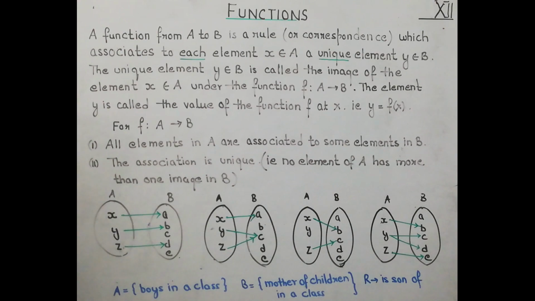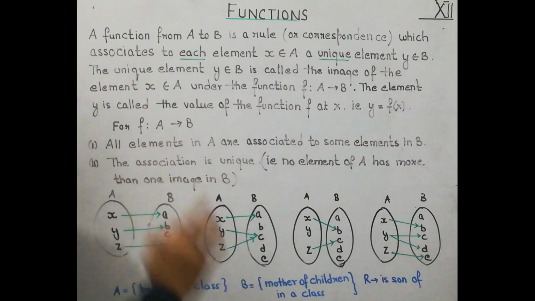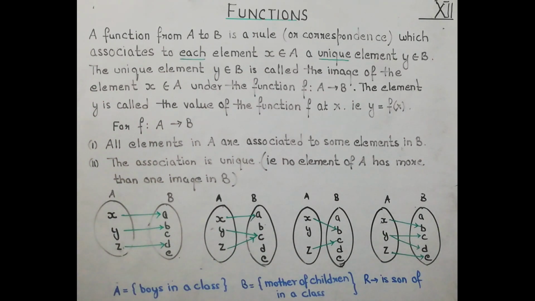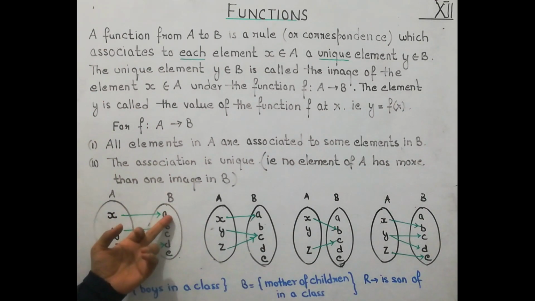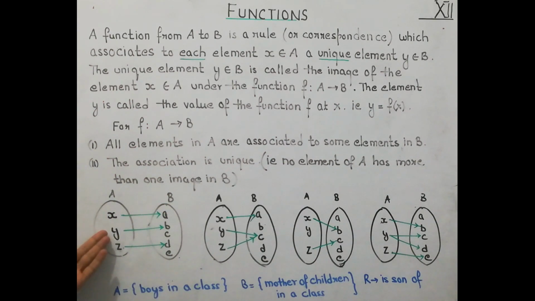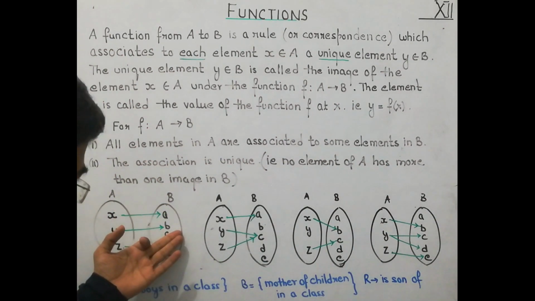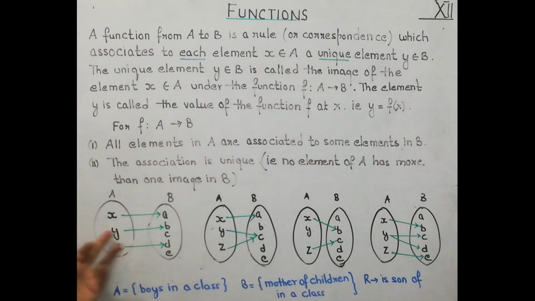The first boy wrote: X is son of mother A. Y is son of mother B. Z is son of mother D. Now, do you find this relation to be correct? Yes, boy named X is the son of mother named A. Boy named Y is son of mother named B. Z is son of mother named D. This relation is proper.